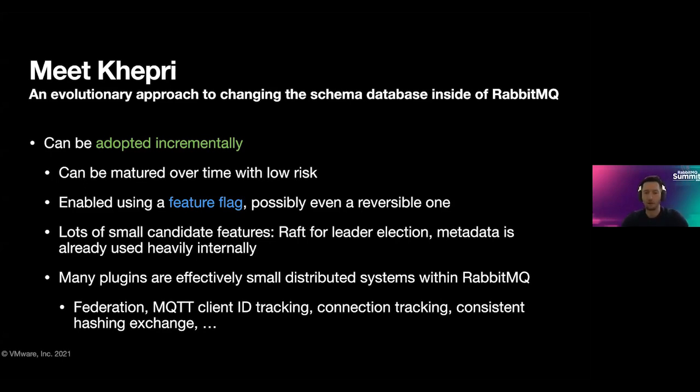So many plugins like Shovel, but federation, as another example, are effectively small distributed systems within a RabbitMQ cluster. So they need a data store of some kind, and again, we can, with little risk, migrate them independently. And with Mnevis, that would not be possible, because Mnesia cannot be used in both distributed and node local fashion.